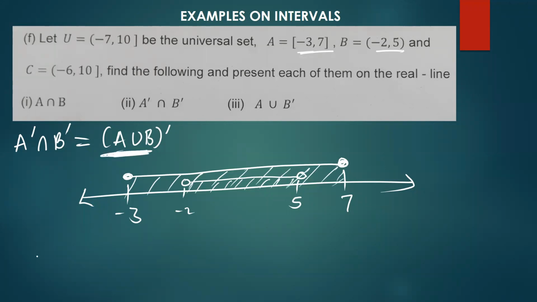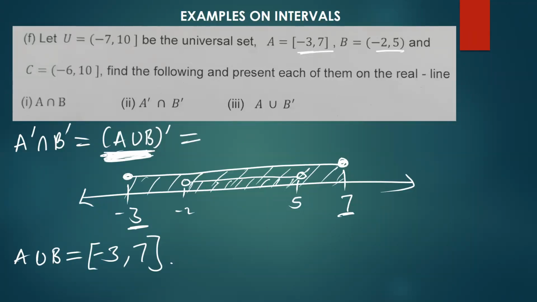So A union B will be from -3, closed there, to 7, closed there. Now, because we're trying to find the complement of this set, how do we get the complement of that?